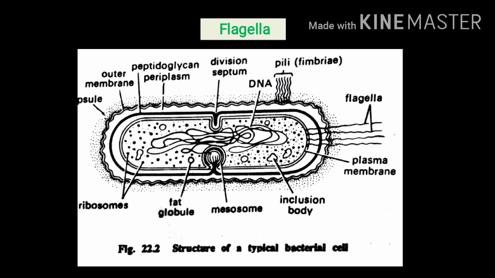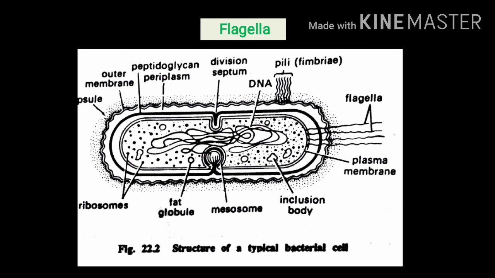Polar: when flagella are situated at one or both ends of the cell, it is called polar. On the basis of flagella, there are four types: monotrichous, lophotrichous, amphitrichous, and peritrichous.